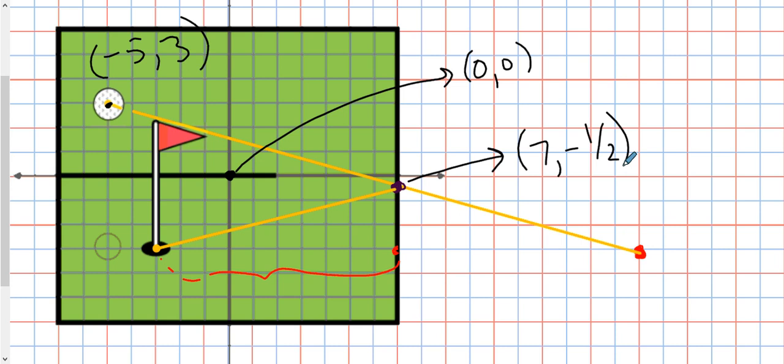This is something where you use your best estimate of where it hits the wall. If it's close to the line, then go to the whole point. And then the hole is situated at (-3, -3). So to find the total distance here, I really need to do some distance formula calculations.